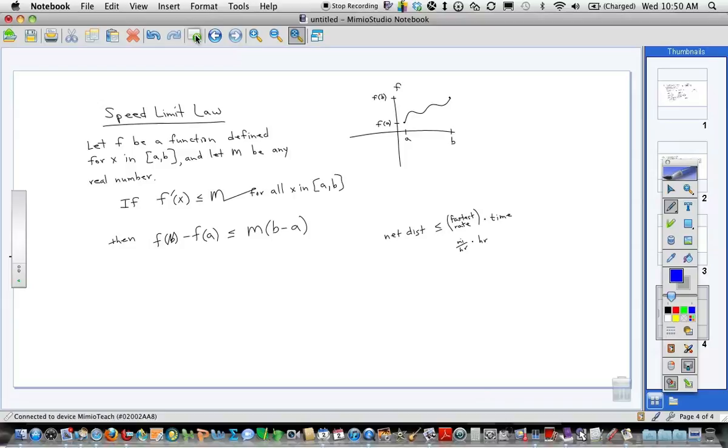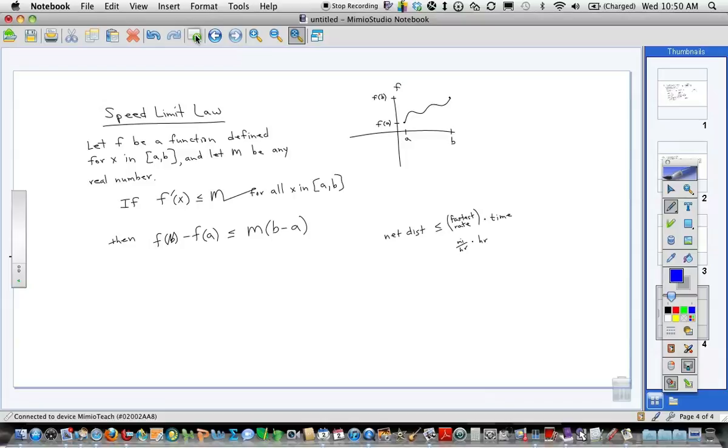Right? And so this makes perfect sense. It's just miles. Okay? So if the fastest I went is 60, then my distance traveled has to be less than or equal to 120. Right? If I went 60 the whole time, then I went 120. But if I slowed down at all, it's less. This is called the speed limit law. Now, that makes sense with rate.